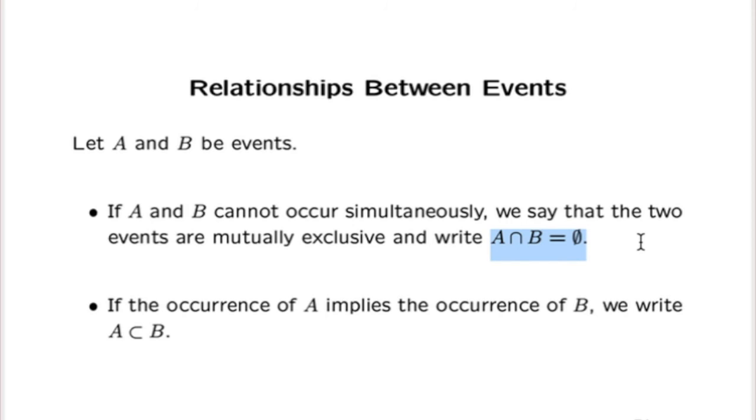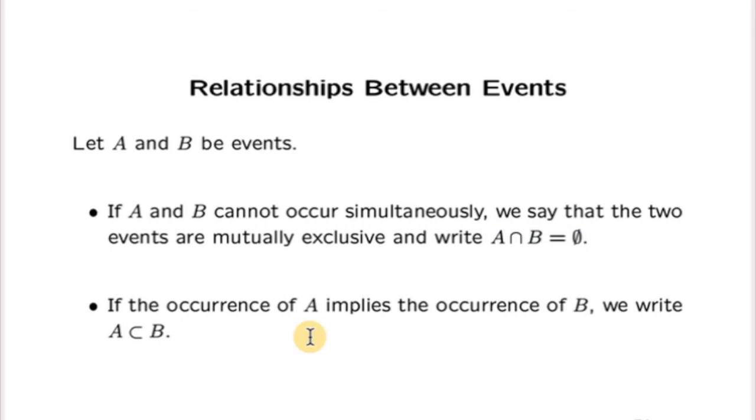In other words, if there's no elementary event that is in both A and B. And so if that's the case, then the two events cannot occur together, and we write that this way. Now we could also write the two brackets with nothing inside, right? And that would be another way to say, using this whole expression here, that the two sets are mutually exclusive.